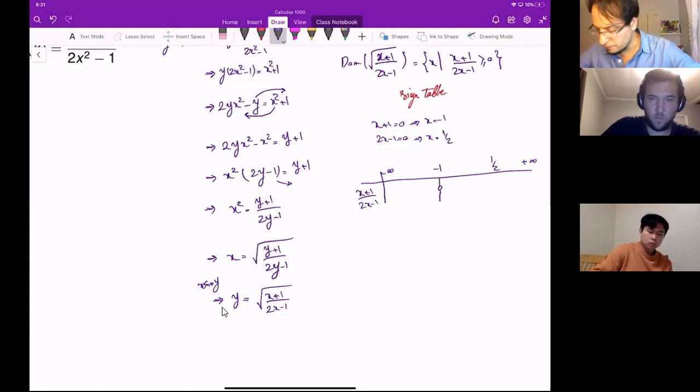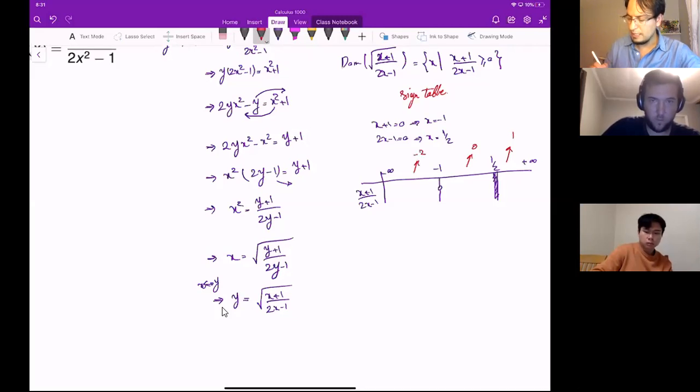But we cannot plug in half in this equation. This is not defined. And then we need to find sample points, which will be 1, 0, and negative 2. Plug in the sample values there. For example, if I plug in 0 here, you get negative 1. So this part will be negative, this will be plus, this will be plus.